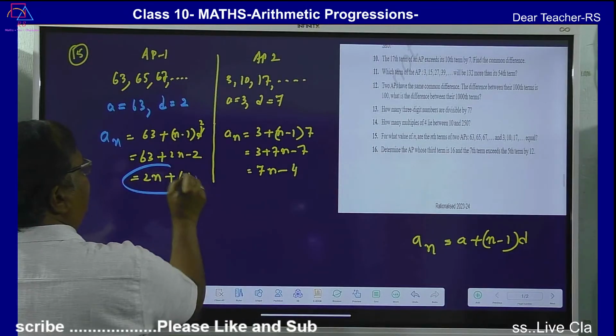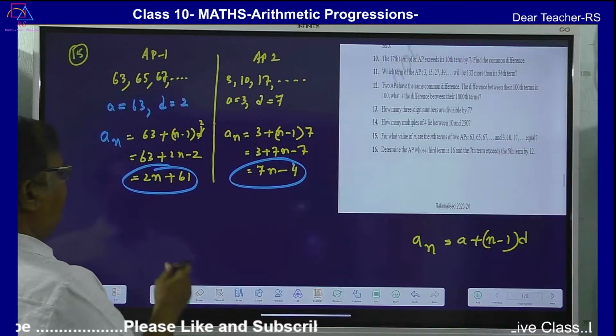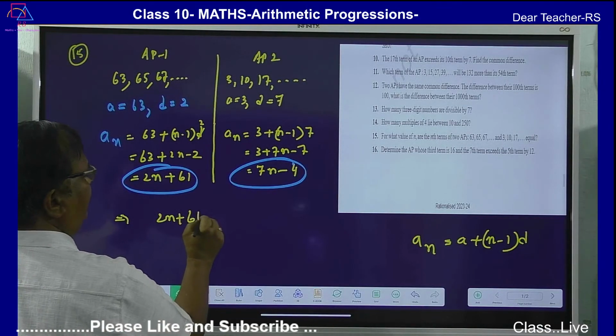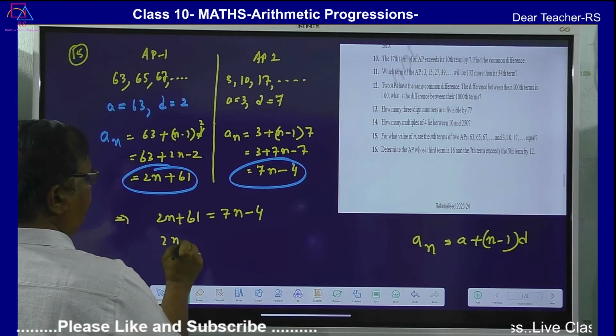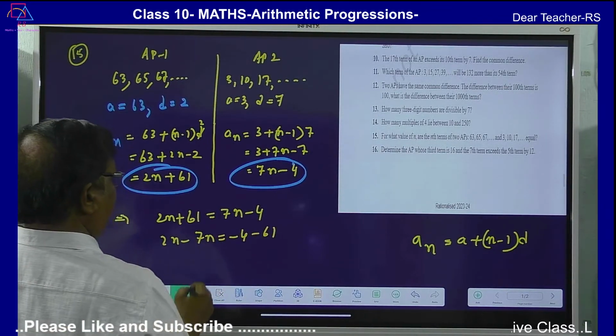And these two things are equal. Given the nth terms are equal. That means 2n plus 61 is equal to 7n minus 4. So 2n minus 7n is equal to minus 4 minus 61.